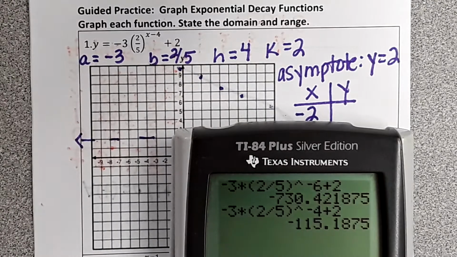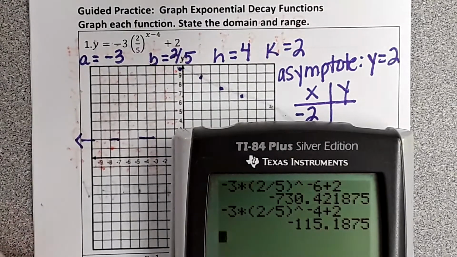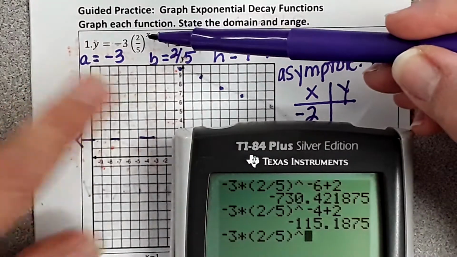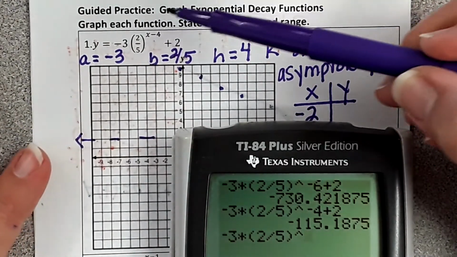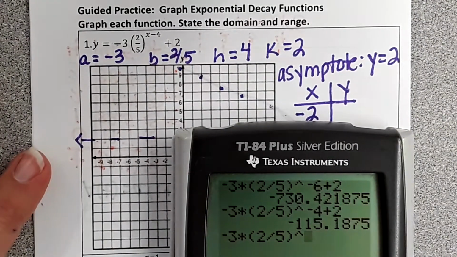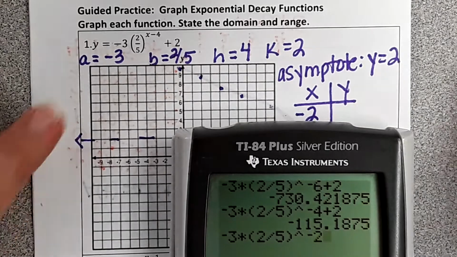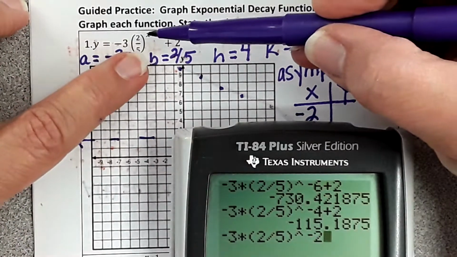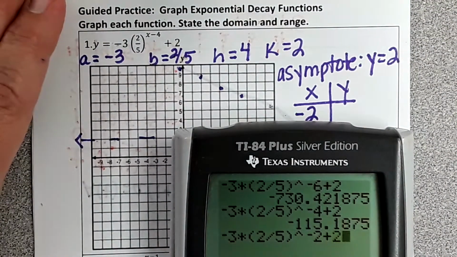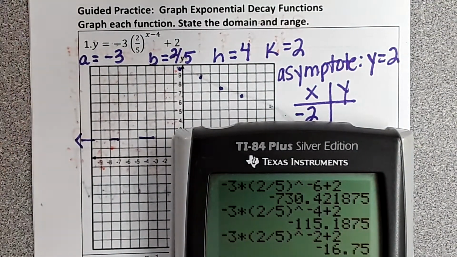Let's try 2, okay? 0 didn't work, so let's try 2. -3 times 2/5. And when I say let's try 2, I'm replacing the x with the 2. So what is 2 minus 4? -2. So I plugged in regular 2 and I got -2. And then I'm going to add my 2. What did I get? Oh, I'm getting closer, right? That's a little bit better.